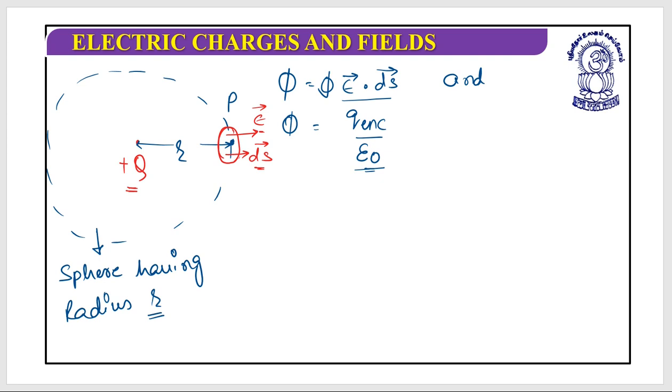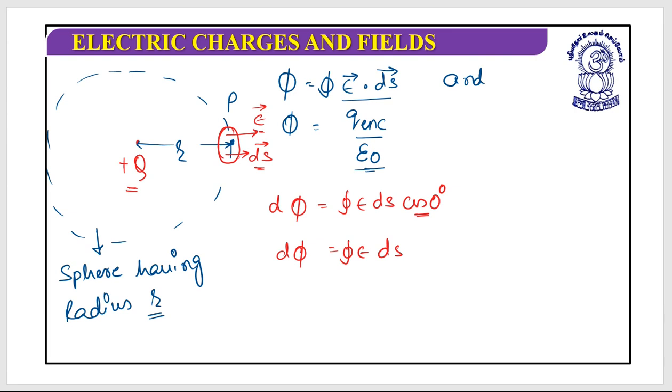So the flux d phi is equal to E dS cos of 0 degree. And when I consider cos 0, it would be E dS. This is d phi.